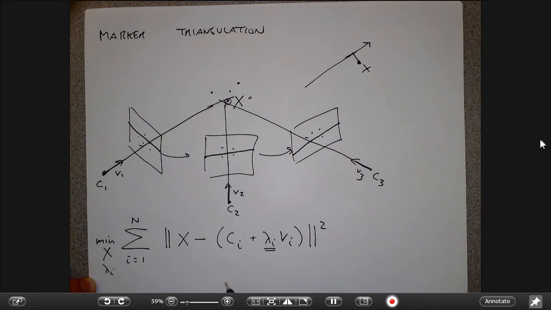This is a little bit clumsy, but what I'm trying to say is, how far out do I go along each ray so that I can find a point that is minimally close to all the rays, right?